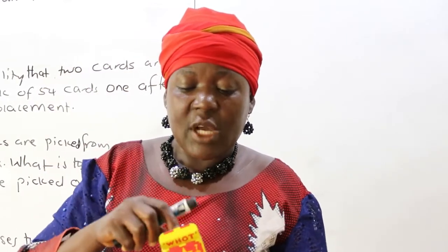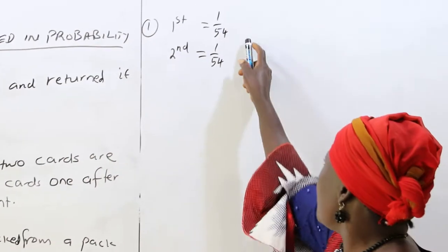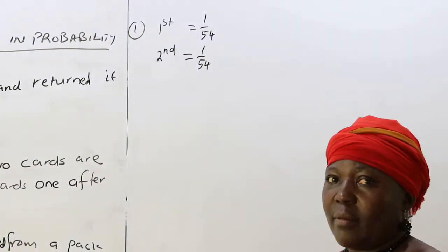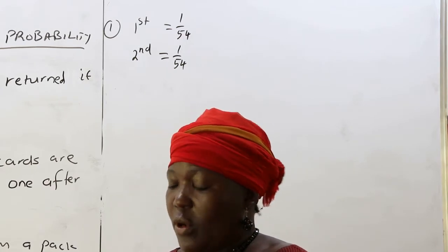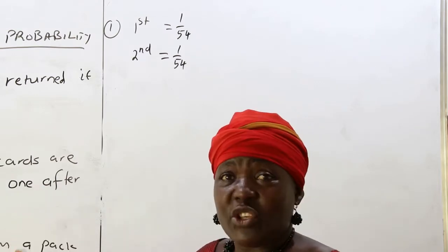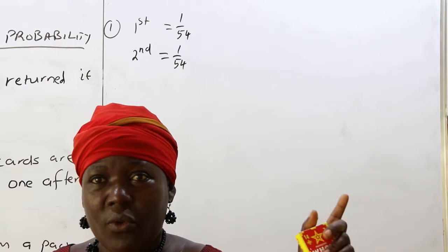Okay? We'll come and see another one later. But for this one now, we have 1 over 54, 1 over 54. So if it were or, you add them. If it is this and that, you multiply them. Okay? So this one, there's nothing that is mentioned, so you multiply.